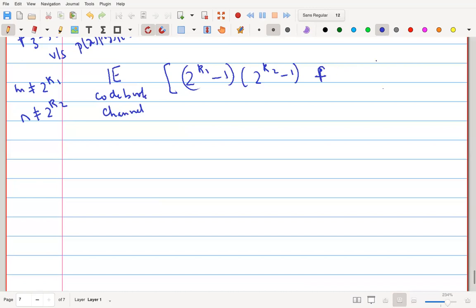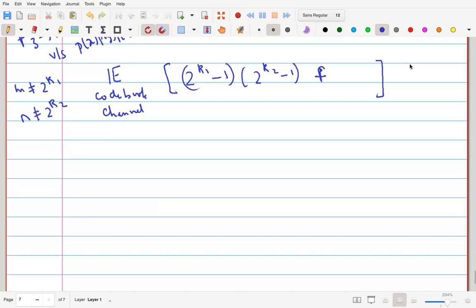So what is the probability distribution that we have to encounter here? Remember, Charlie is at stage m, n.